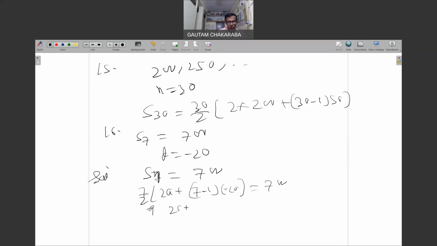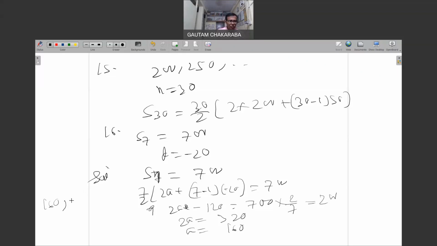So now 2a plus 6 into minus 20, minus 120 is equal to 700, and there 7 by 2 multiply, you divide this here, so reciprocal of this, that is 200. So that is 2a is equal to 320 because 120 adding 200, a is equal to 160. That is first class price is 160 and so on.